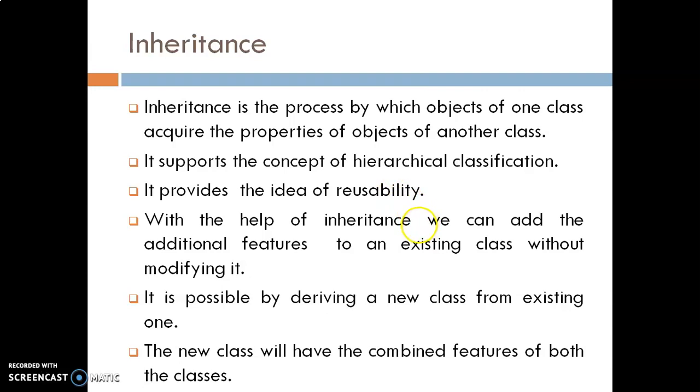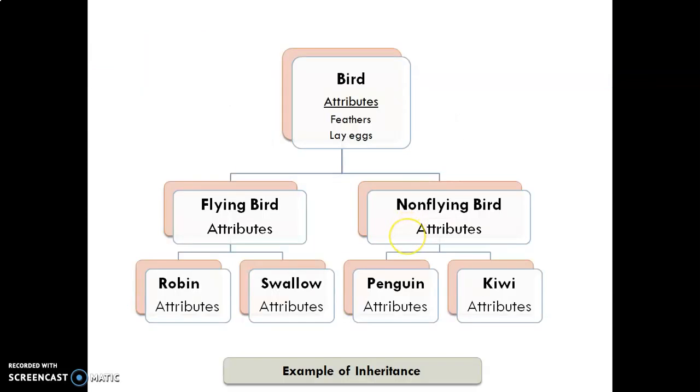The example is the main parent class bird with a few attributes, feathers and layers. It is divided into two subclasses, flying bird and non-flying bird, and each is again divided into two categories. But the parent features are transferred to the child classes because of inheritance.